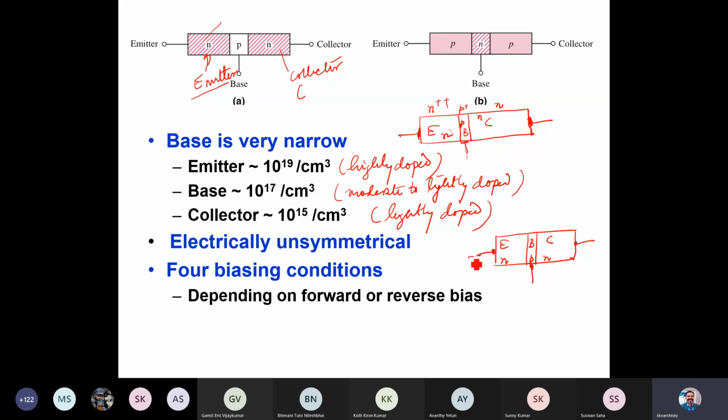There will be two junctions. One is at this interface, the emitter base junction, and the other is the collector base junction.